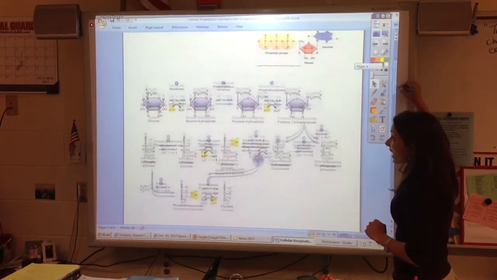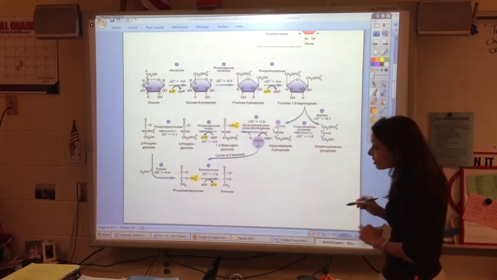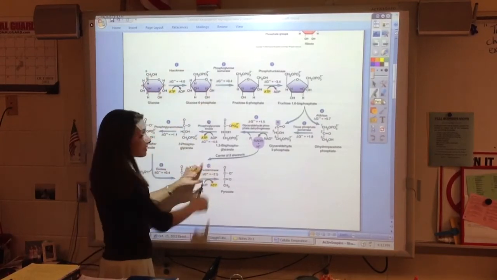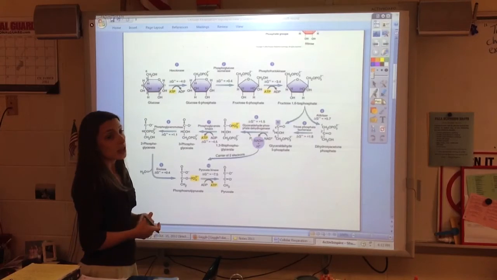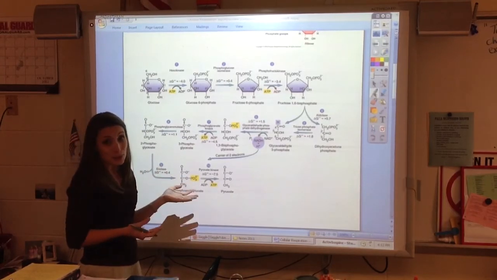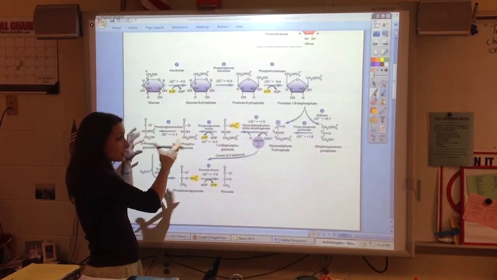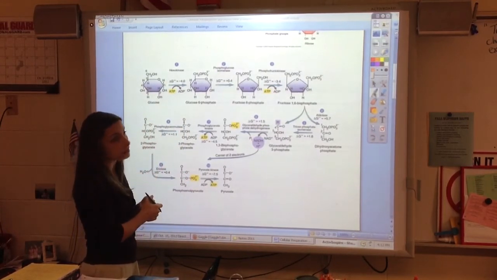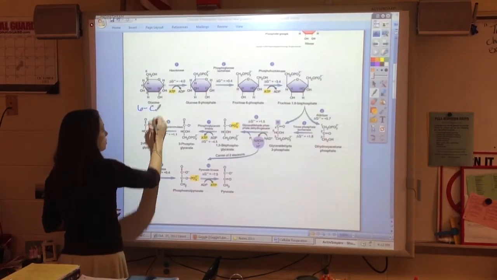So next we look at the actual series of steps. So glycolysis occurs in about 10 enzyme-catalyzed steps. Thankfully, we don't have to know every step. We don't have to know exactly what happens in every step. We're going to focus on some smaller series of steps. So we start with glucose, which is a 6-carbon compound.